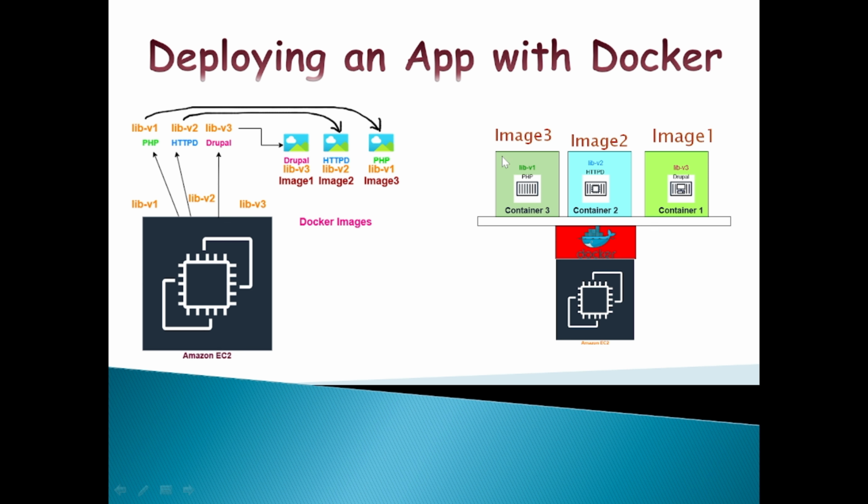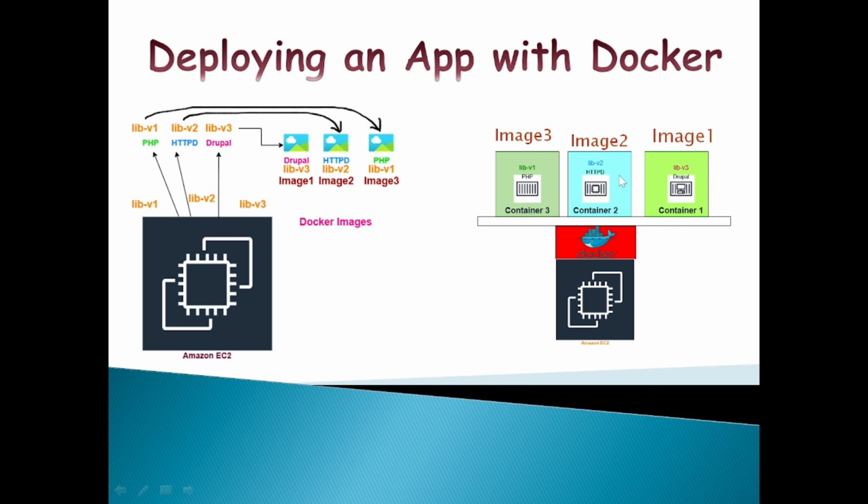Each container that you run on this EC2 instance is going to be completely isolated from the other two containers, which means that this particular container is like a small virtual machine on this EC2 instance, and it has its own storage and networking. And so whatever you do inside the container remains inside the container by default.